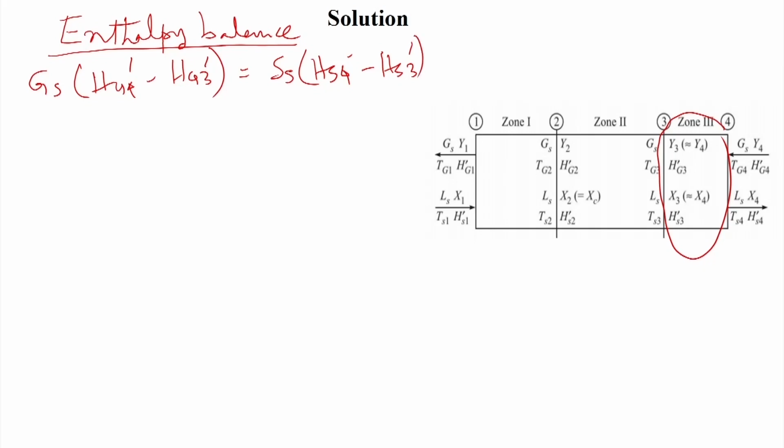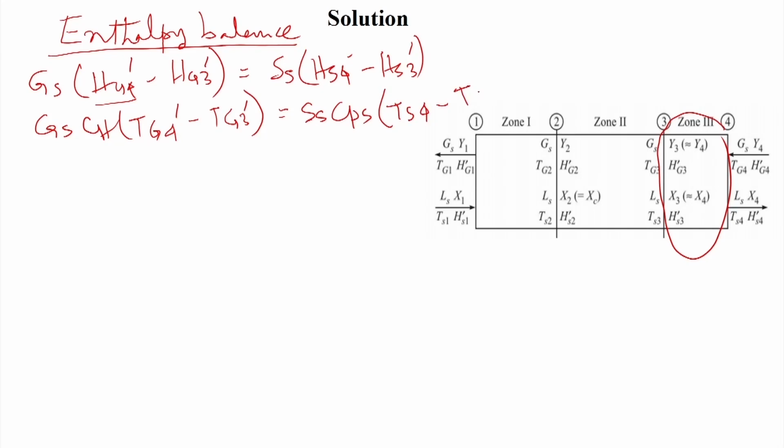Here, we can convert this in terms of H, writing it in the form of Ch into temperature: Gs into Ch into Tg4 prime minus Tg3 prime is equal to Ss into Cps into Ts4 prime minus Ts3 prime.